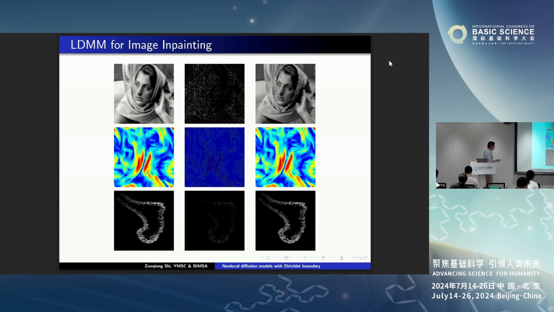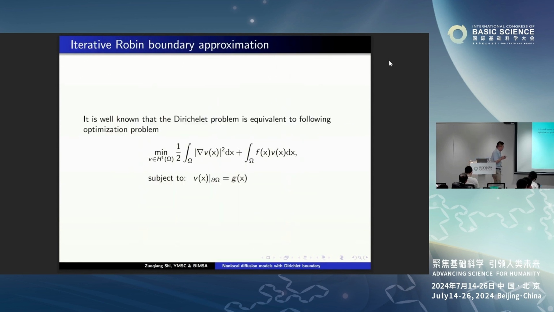This is a natural image, and this is actually the solution of the Poisson equation, and this is an image of some biological tissue. For different kinds of images, we can get very good results. However, in that model, we need to solve that integral equation with a small delta, which may be difficult in the numerical sense.